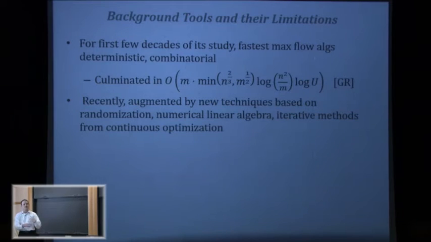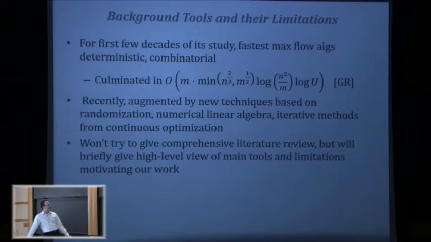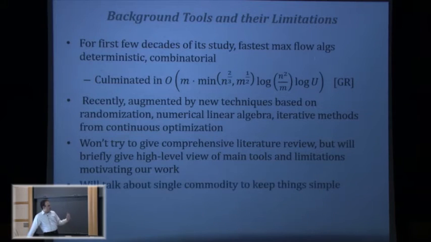Instead of using discrete objects, you model these as continuous problems, then you solve the continuous optimization problems using combinatorial techniques, then use the ability to solve them to feed back into graph algorithms. It's this very nice developing theory. Again, I won't try to describe the actual literature. This is meant more just to be the things that motivate the actual algorithm today.